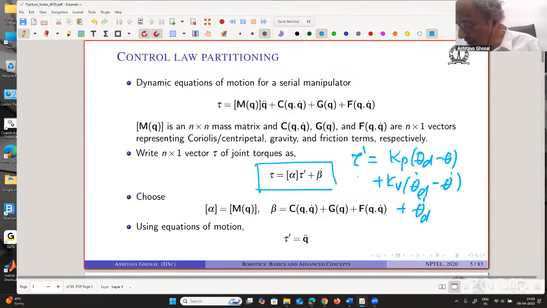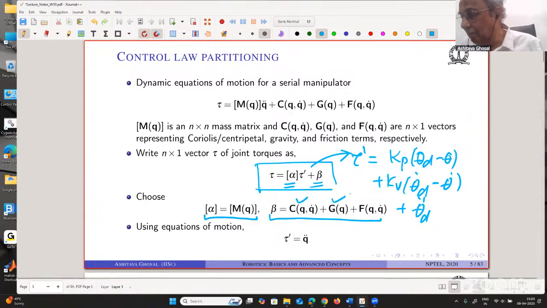So this is the tau prime. But we are going to scale tau prime with something called alpha. So alpha into tau prime, plus we will put a bias term which is beta. We will choose alpha as the mass matrix and beta as the nonlinear terms, which is the Coriolis term, the gravity term, and the friction term.